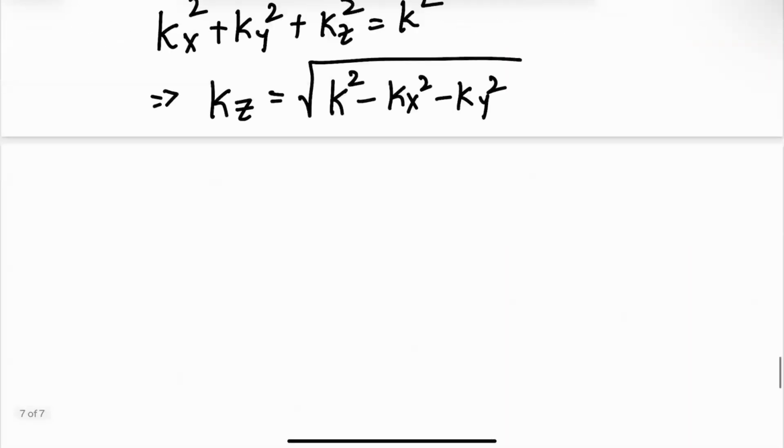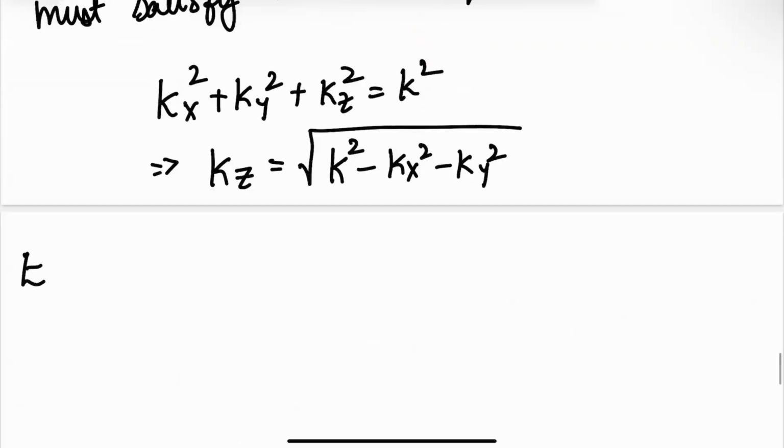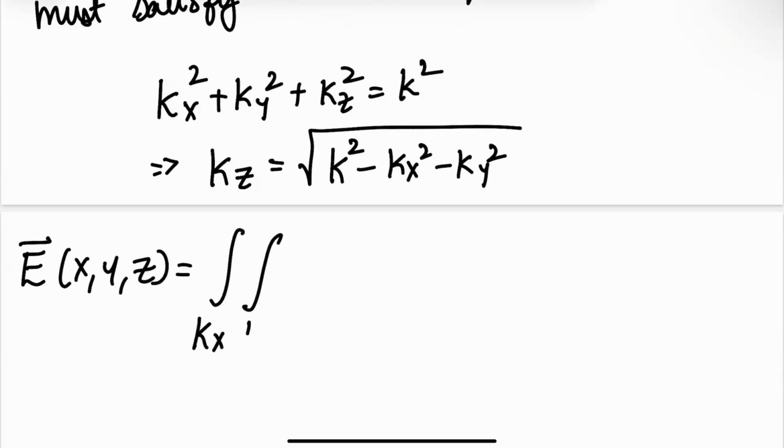So what do you get? So that becomes E of xyz is the integral over kx, integral over ky, E tilde of kx comma ky. It's only a function of kx and ky.